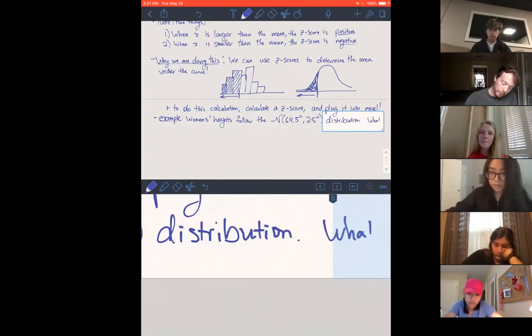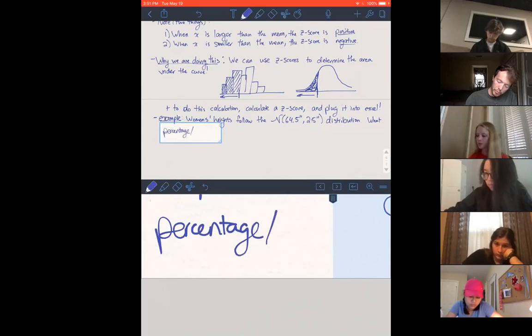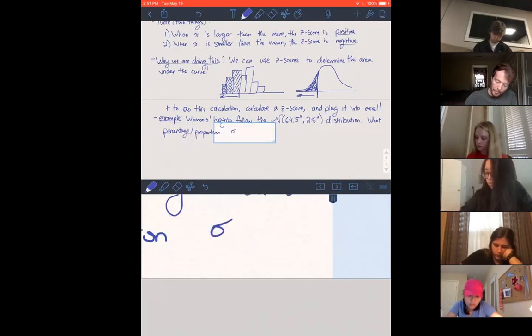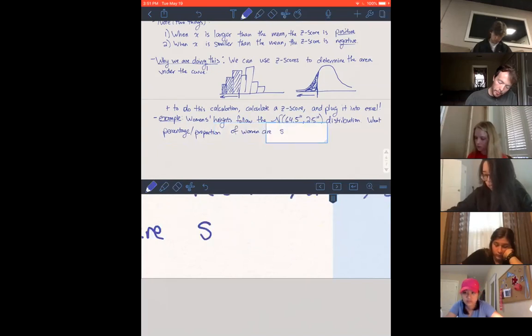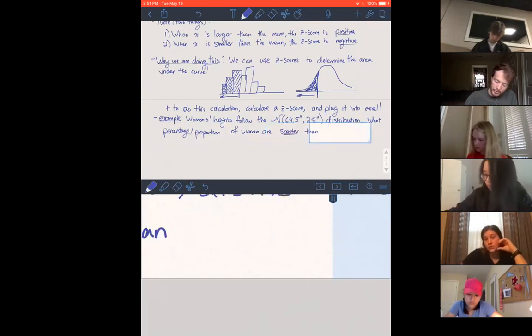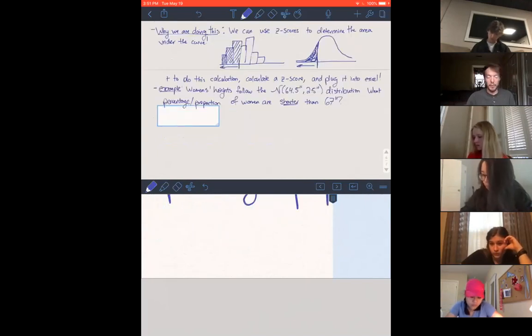What percentage or proportion of women are shorter than 67 inches? Okay, so this is a very interesting problem.